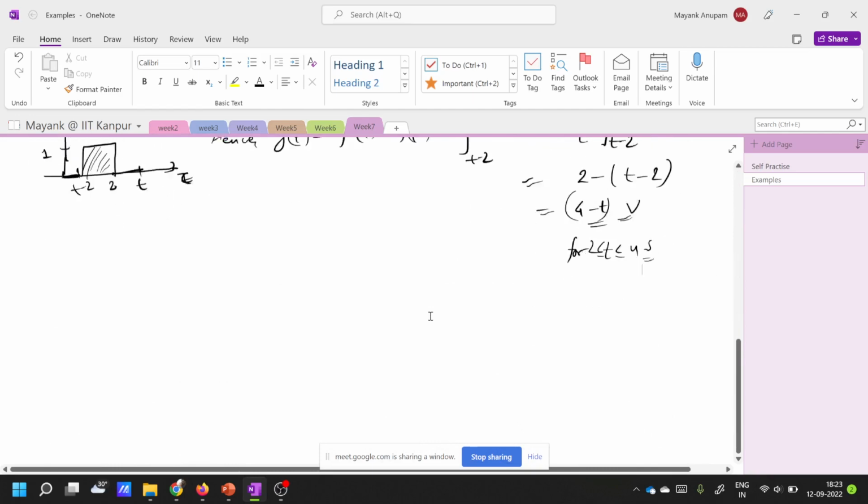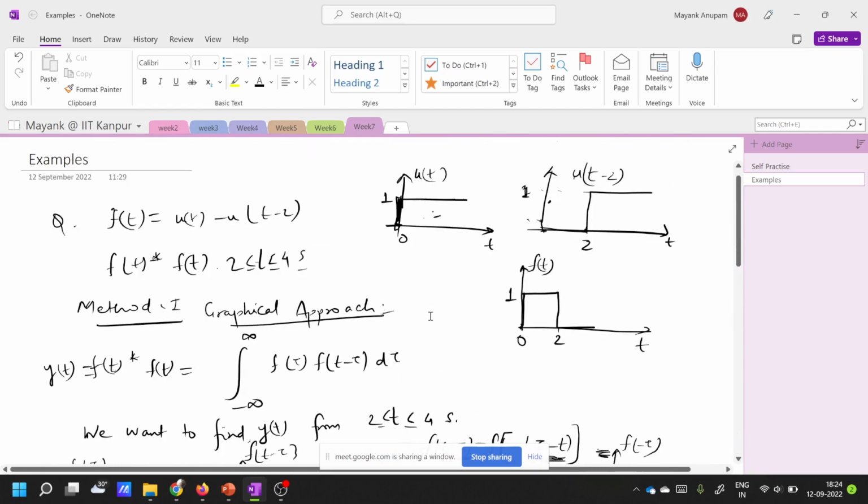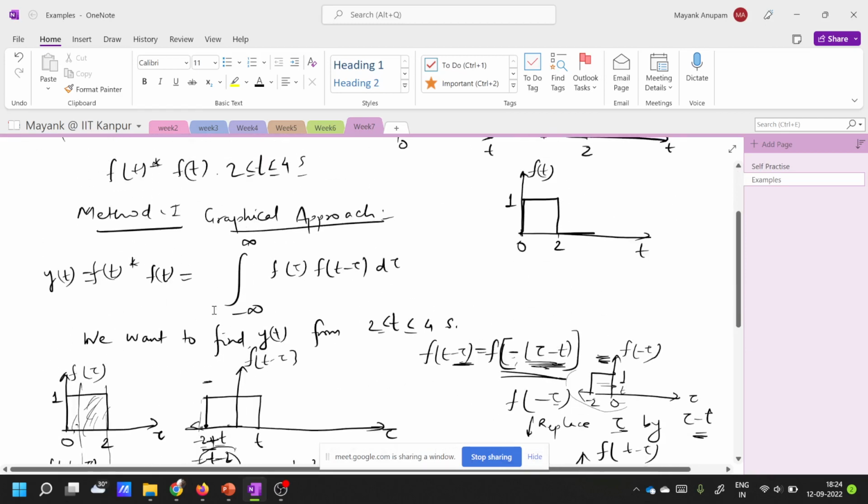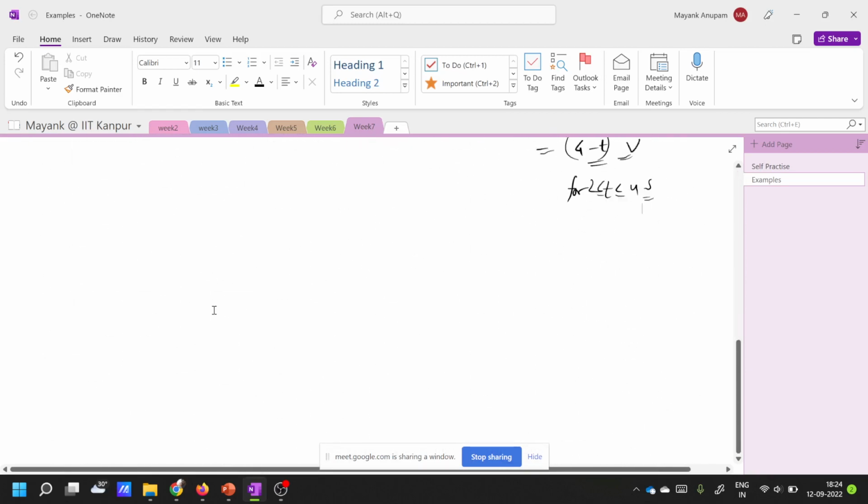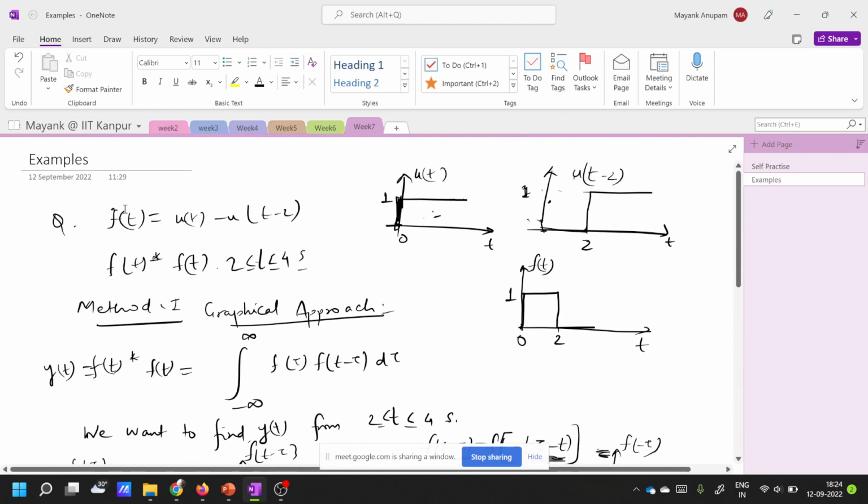Okay, fine. Now can you do it in another manner? Can you find it using Laplace transforms? This graphical approach is correct, but let me do it another manner.